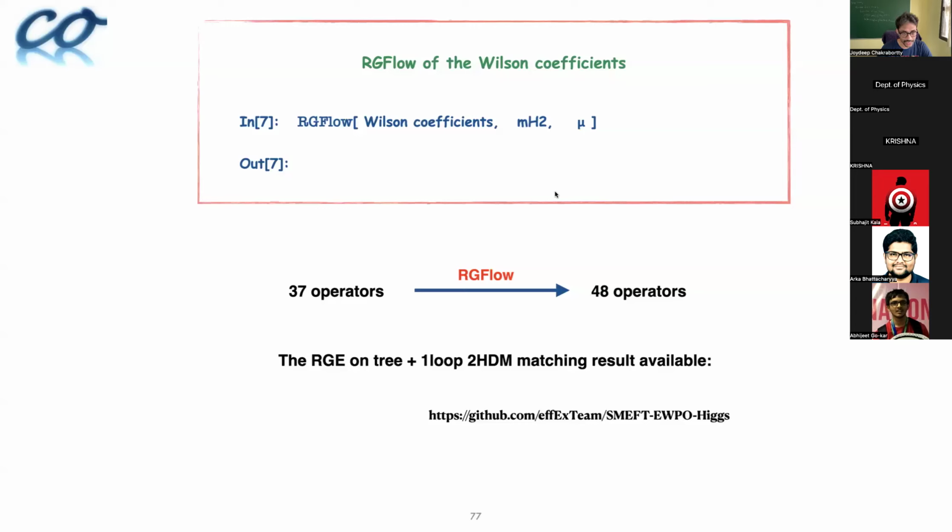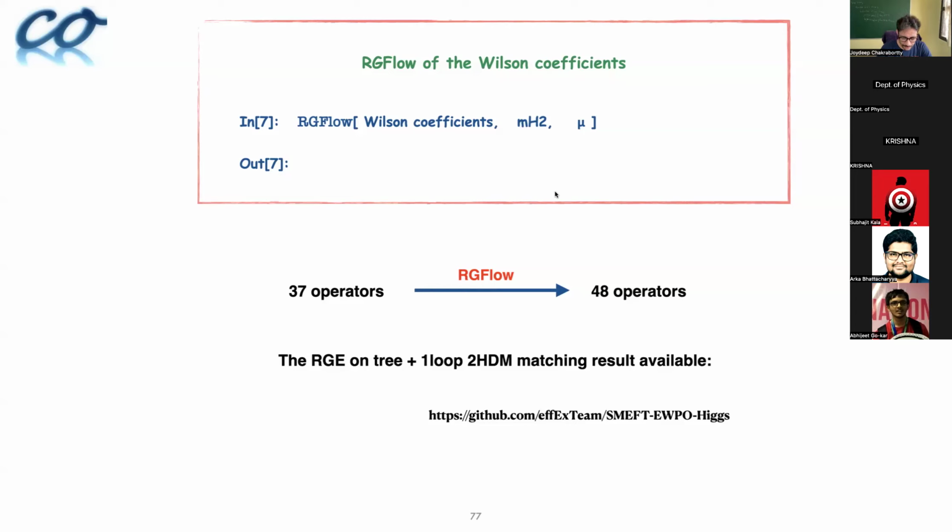So if my lambda is a few TeV, let's say 5 or 10 TeV, then my electroweak data, the Higgs signal and electroweak precision data, are at the electroweak scale. So I have to run those operators, and this running is done by calculating the anomalous dimension matrix associated with these operators.